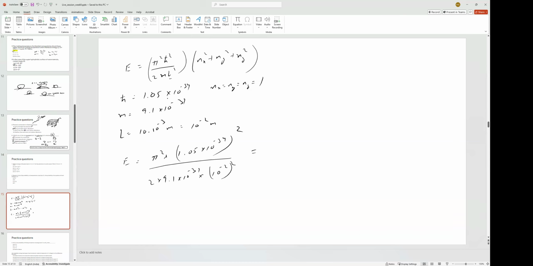Okay, so just plug in these values and you should get pi square into 1.05 square, divided by 2 into 9.1 into 10 to power minus 68 plus 31 plus 4, so 10 to the power minus 33.